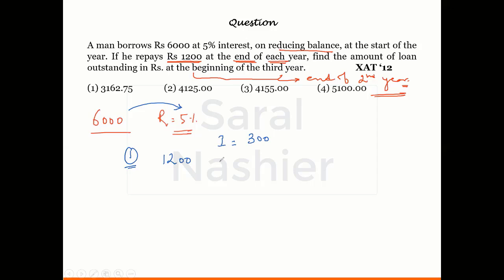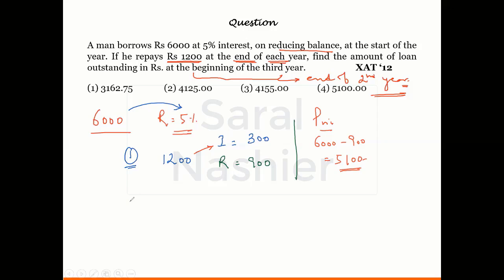That means the remaining amount, which is 900, will be subtracted from 6,000, and now the outstanding principal will be 6,000 minus 900, which is 5,100. So at the end of 1 year, 5,100 rupees is still remaining. Out of 1,200, 300 rupees is the interest, and the remaining amount is subtracted from the outstanding principal.